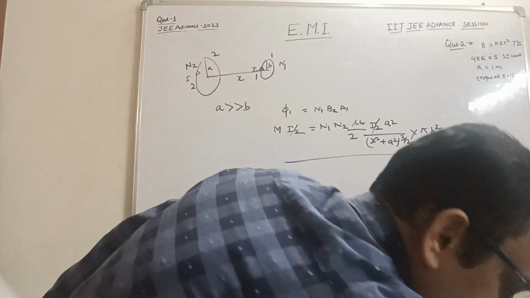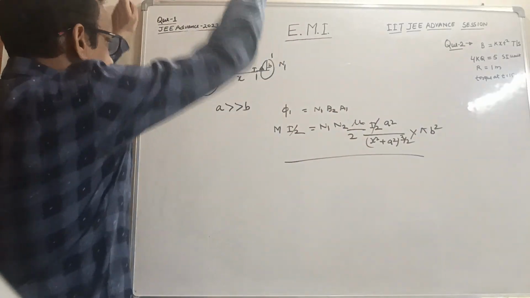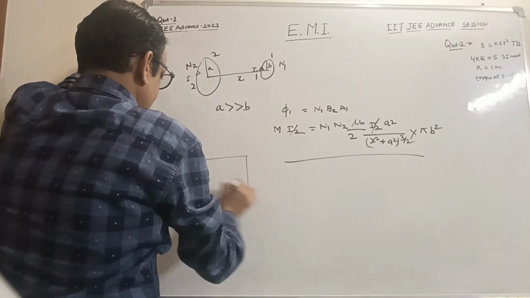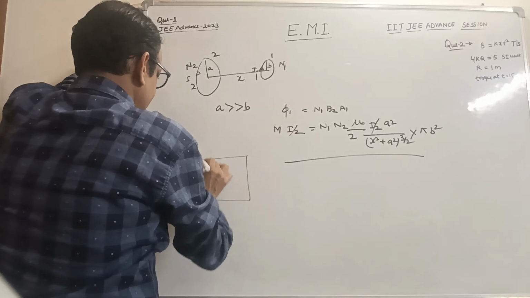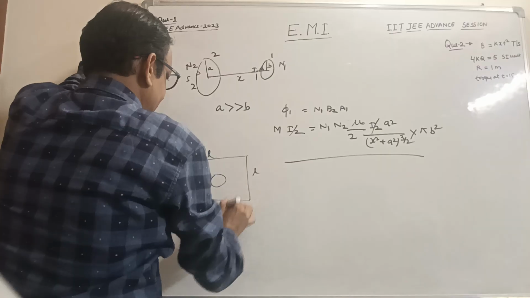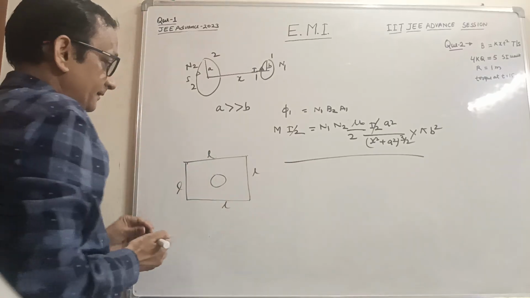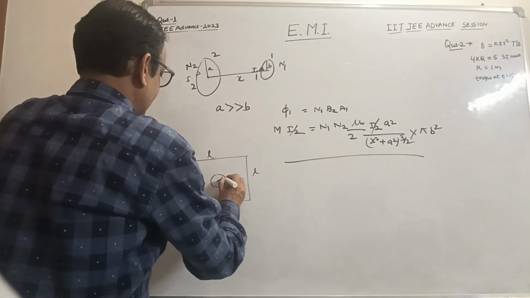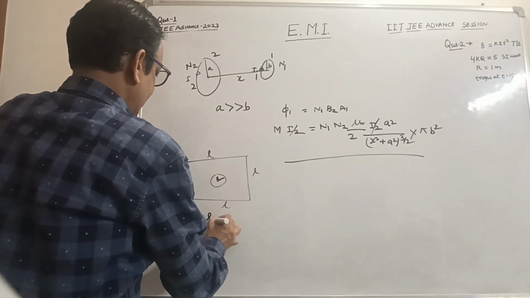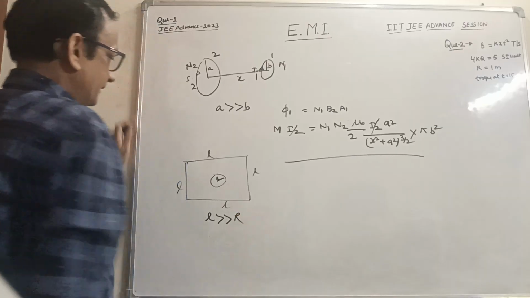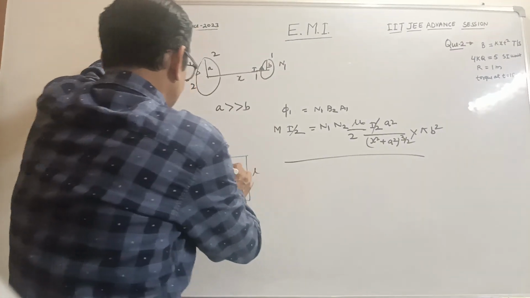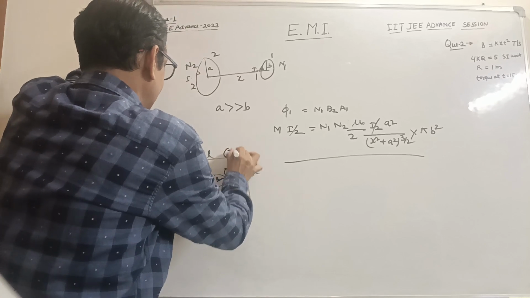Similarly, we have to find the mutual inductance in this case, where the length is L on every side, and the radius is given as R, and L is very much greater than R. Suppose this is first and this is second.